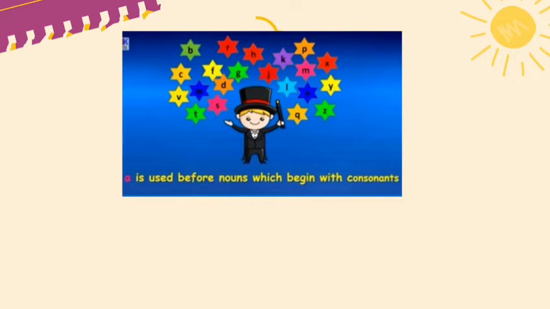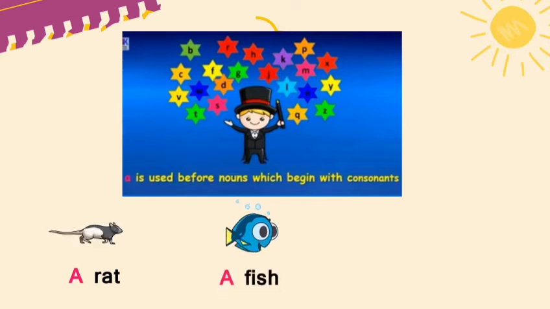For example, what is this? This is a rat and the beginning sound of rat is R. R is a consonant, so we use A before rat. A rat. Now, fish. F is the beginning sound of fish and F is a consonant.